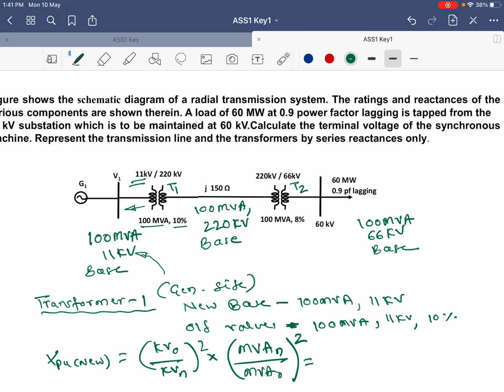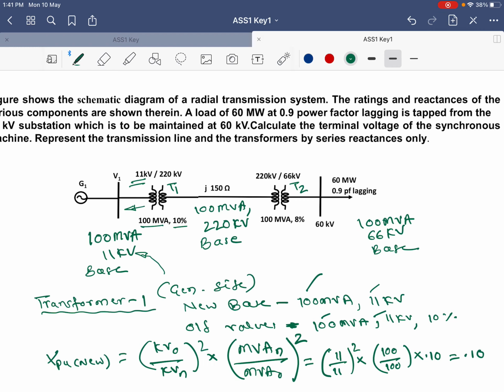If you substitute, both old as well as new MVA are 100 and both voltages old and new are 11 kV. Therefore, straight away it is (11 divided by 11) whole square multiplied by 100 divided by 100 into 0.10. Therefore, the reactance we get is 0.10, the new per unit value of the transformer.